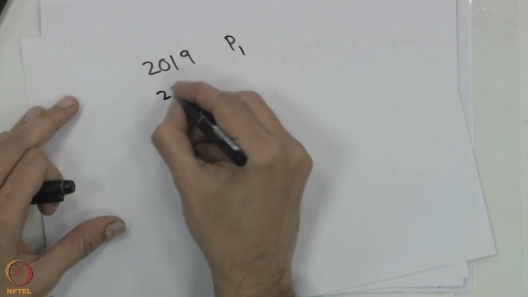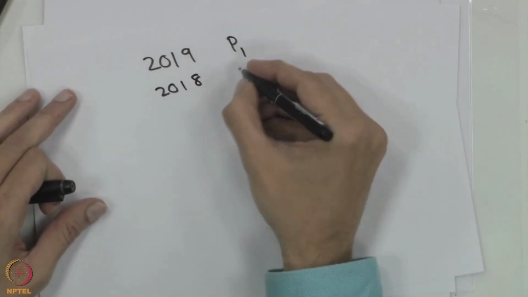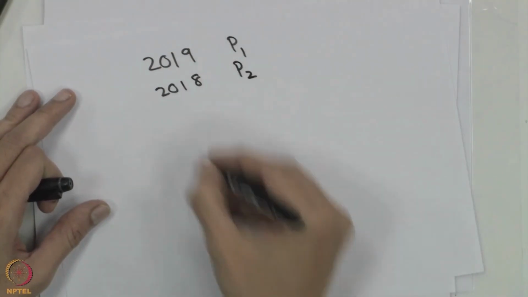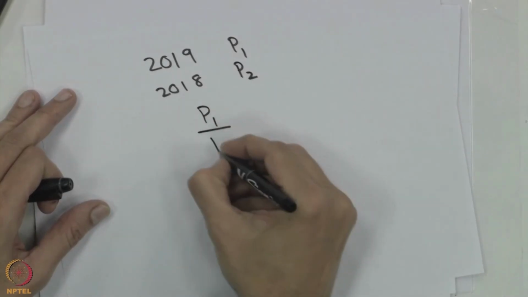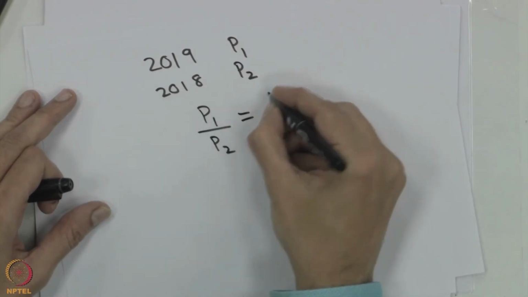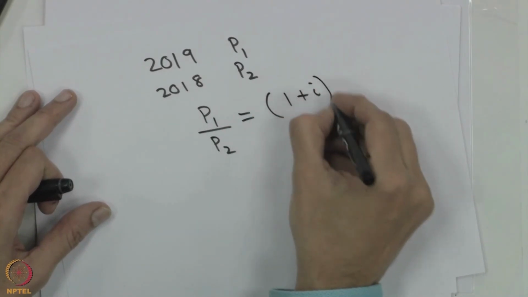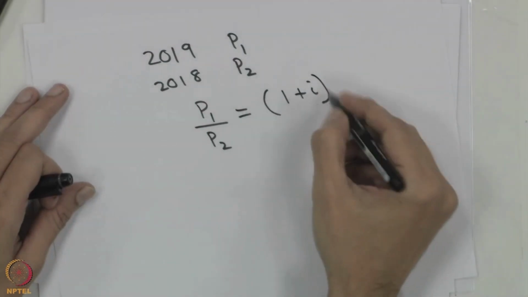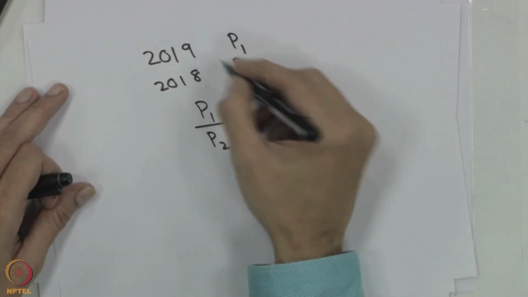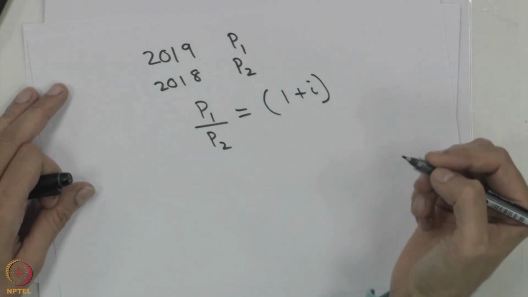So, if in 2019 the price is P1, and for the same set of goods in 2018 it was P2, then P1 by P2 will be 1 plus I, where I is the inflation rate between 2018 and 2019.